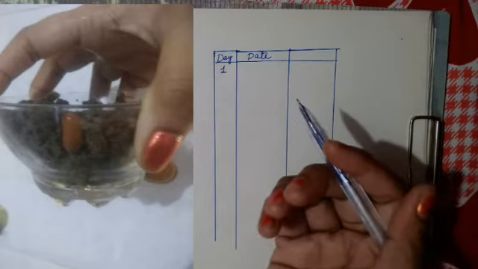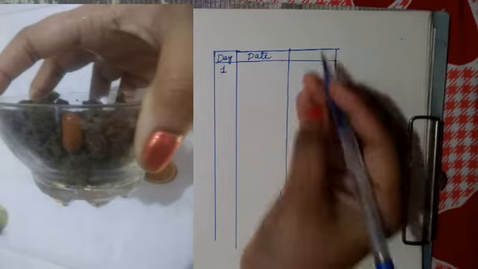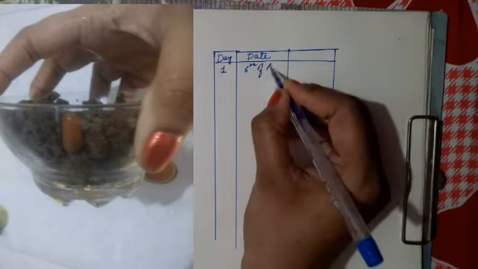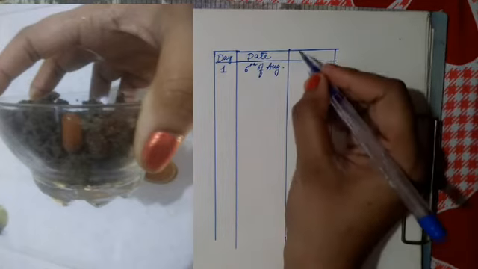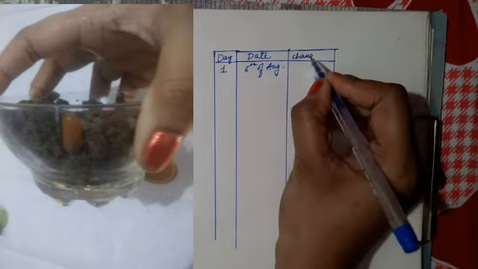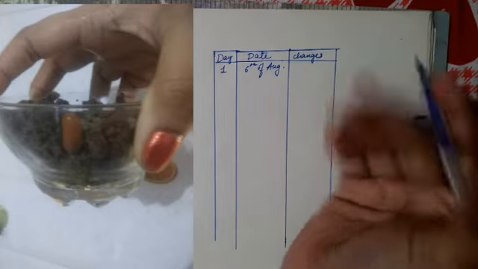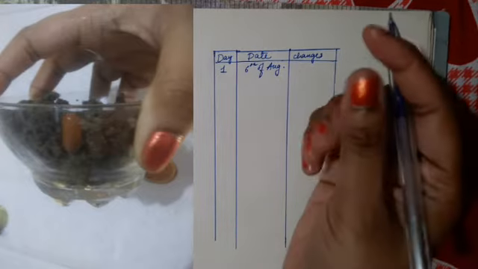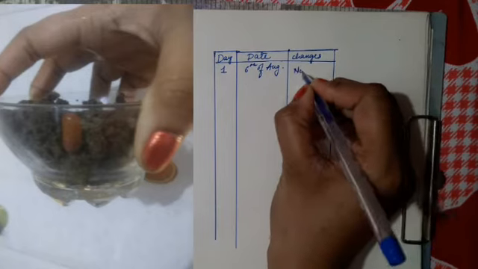Suppose today is the 6th, so I'll be writing 6th of August. Then write changes, or you can write observation, and here you have to write what observation or changes you have seen. No change, it is as it is, so you have to write no change.